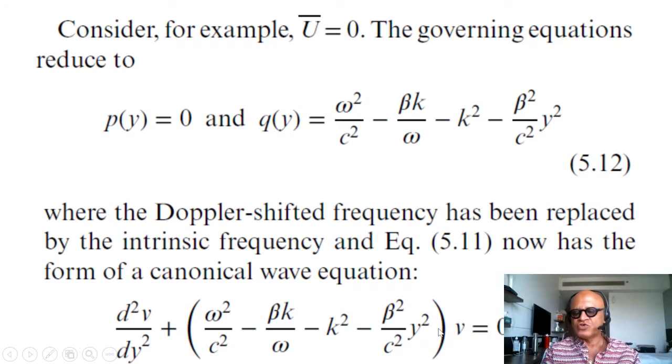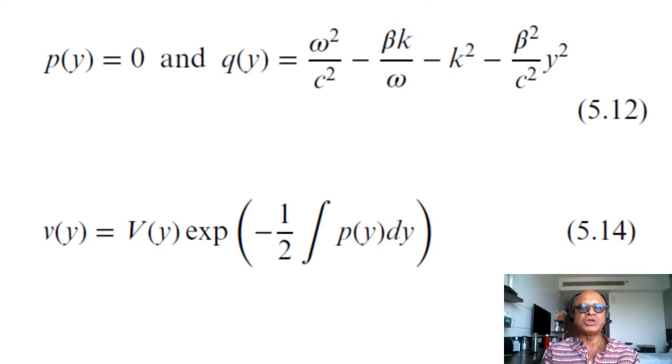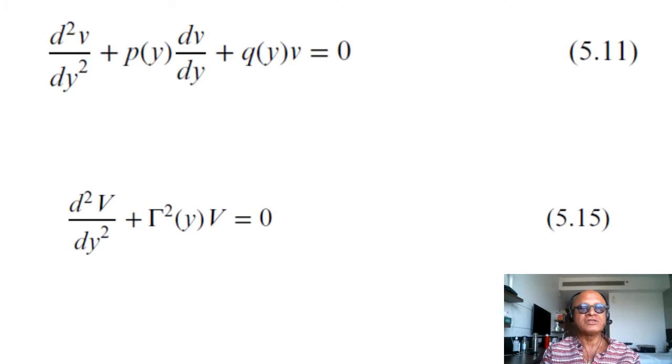I think all of you now know that this is a canonical wave equation. So Py is 0, Qy is this expression, and then v(y) can be written as the capital V(y), which is the mode function, times exponential minus 1/2 integral of Py dy when obviously Py is not 0.